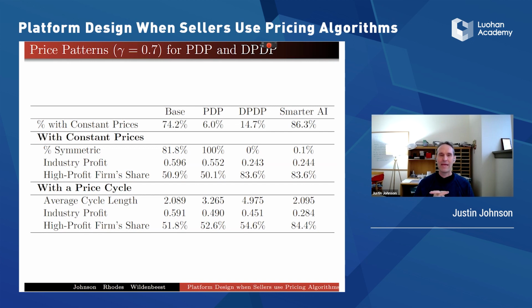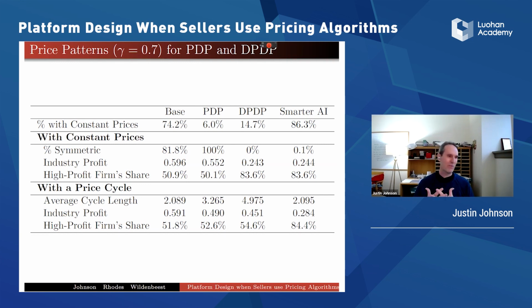You get the high profit firm, over 100,000 periods, getting around 84% of the industry profits. So this means that the dynamic PDP policy, especially with smarter AI, is making it a lot more difficult for firms to rotate demand and split the market between themselves.